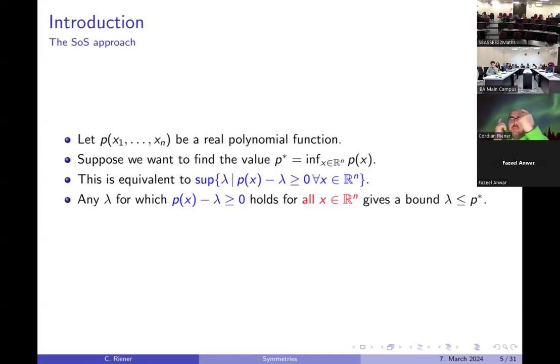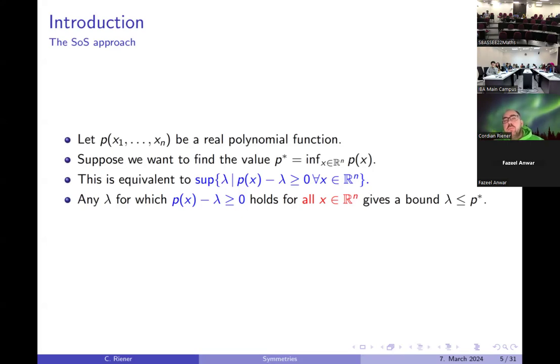This is a little bit of twisting the head around. If you think about a parabola in one variable, with the minimum value being down here, and let's assume it's positive, then the difference between the minimum and the x-axis is exactly how far I can move my polynomial down such that it hits the x-axis.